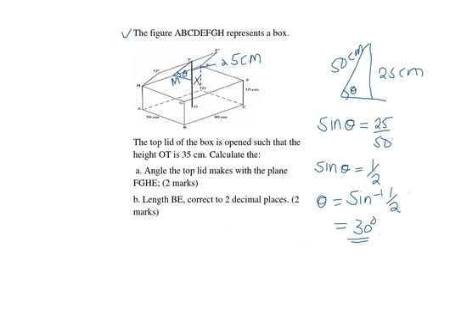the length BE, because we'll draw this line to make 90 degrees with the line DE. Then we drop another line from E to B, which is now the hypotenuse of the triangle BDE. So again, we draw the triangle BDE.